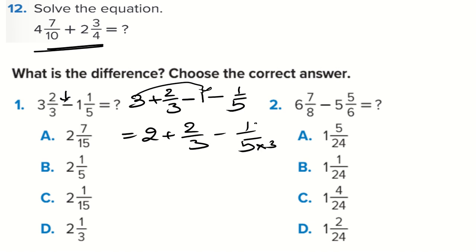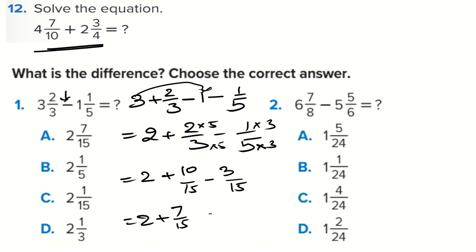Multiply by 5, multiply by 5, multiply by 3, multiply by 3. So this is 2 plus 10 over 15 minus 3 over 15. So 10 minus 3 is 7 over 15. So 2 whole 7 over 15 will be the answer. Okay. Similarly, you can do this question also.